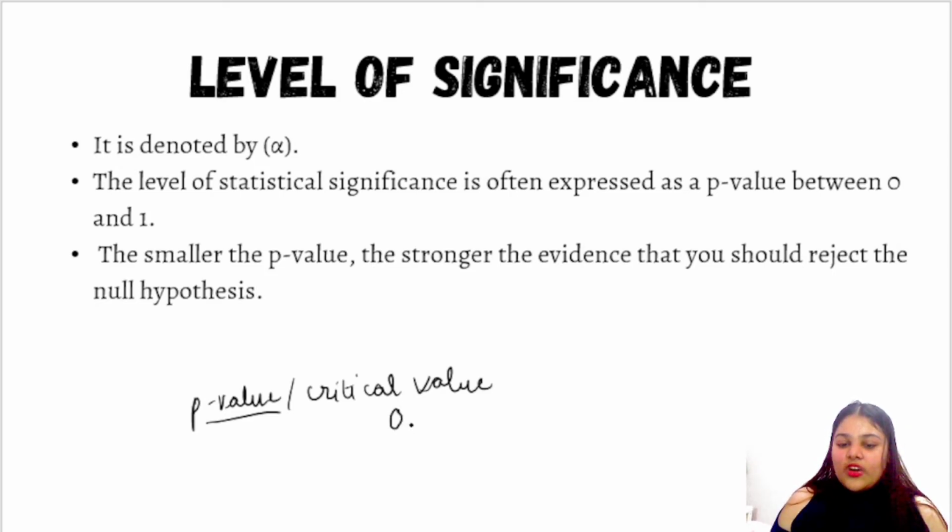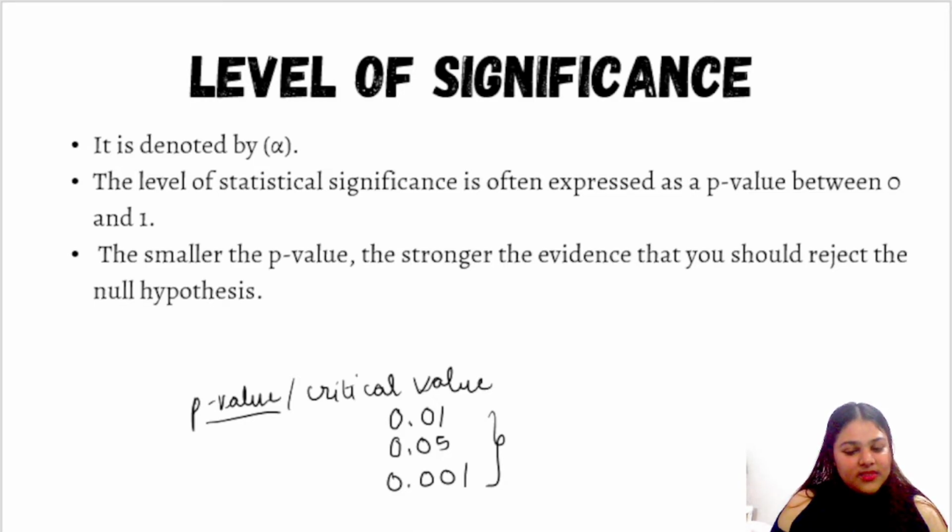In psychology generally we use 0.01, 0.05 or 0.001 level. These are the most commonly used critical or significance levels. So I would establish a particular level of significance in my study.